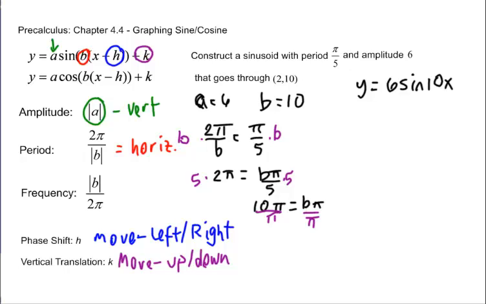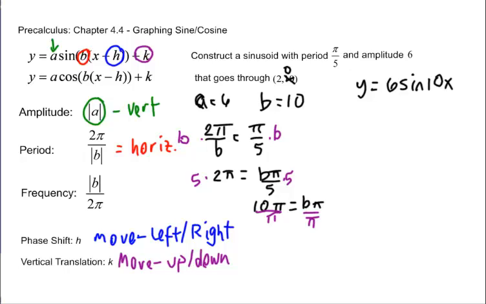So let's look at this guy. We know that we need to go through the point 2. Oh shoot, this should be 2, 0. That'll make our math a lot easier. So how do we handle this?